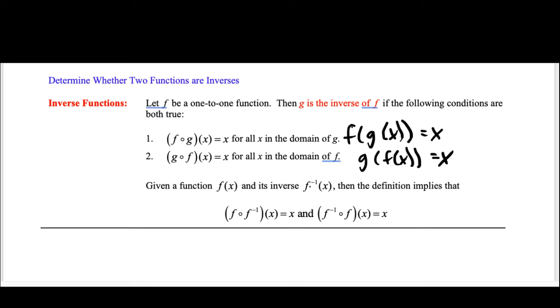This f superscript -1 of x is the standard notation that we use to represent an inverse. So if f of x is a function, then f superscript -1 of x represents the inverse of the function f. If you compose a function with its inverse in either direction, the result will always be x.